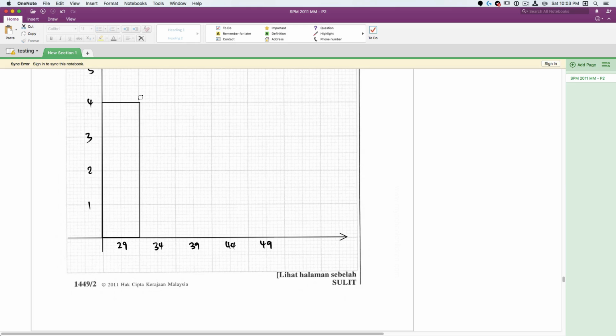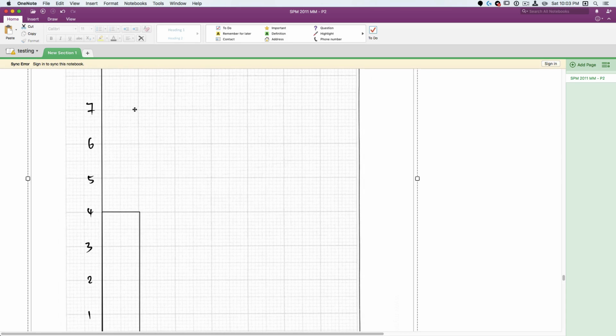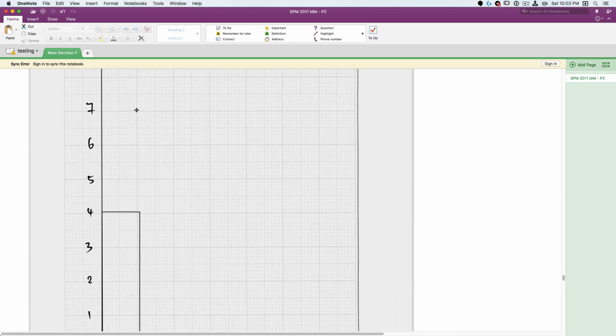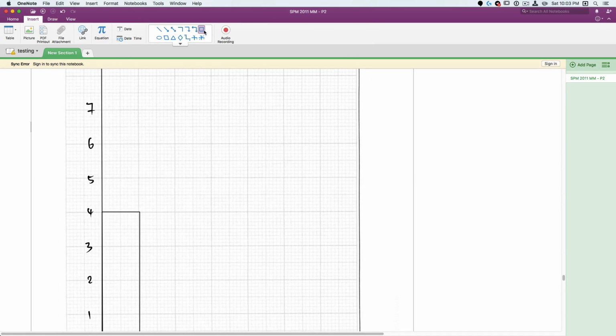Should be okay. And then the next one is 7. Oops. Oh my god. Okay, then insert it again for 7. Then you draw another one as 7 here.